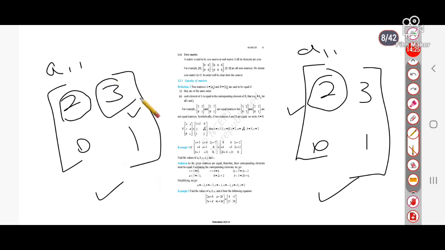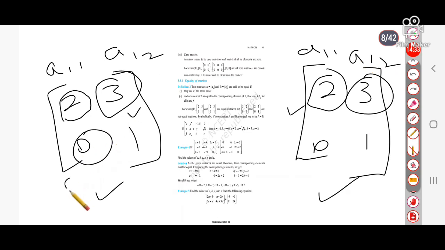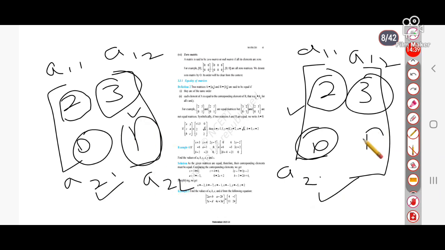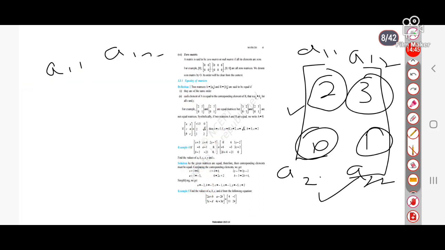Similarly, A12 are the same, A21 are the same, A22 are the same.